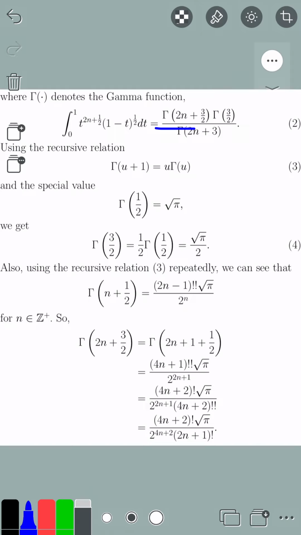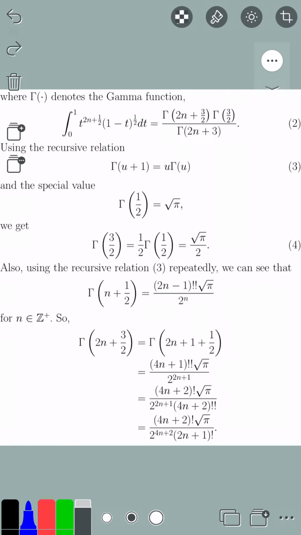And so gamma of 2n plus 3 halves is equal to gamma of 2n plus 1 plus 1 half. So we will substitute n with 2n plus 1. What we get is gamma of 2n plus 1 plus 1 half is equal to, well, when it's n plus 1 half, we get 2n minus 1 double factorial.